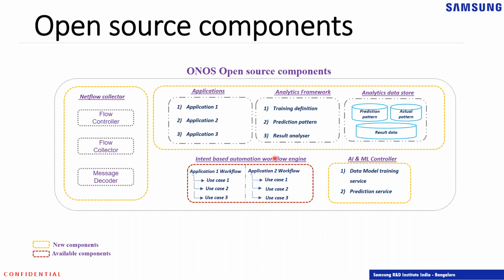Is that correct? Yes, Thomas. This would collect the network traffic data from switches and then pass the NetFlow packets, which will then be pushed to the MainSTB. Okay, perfect. That was my question.